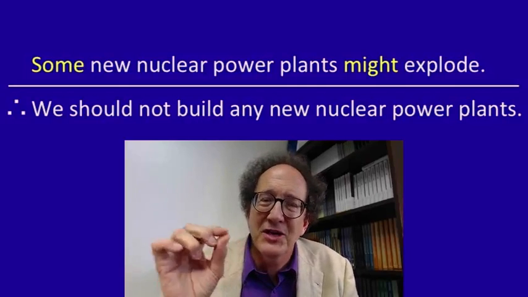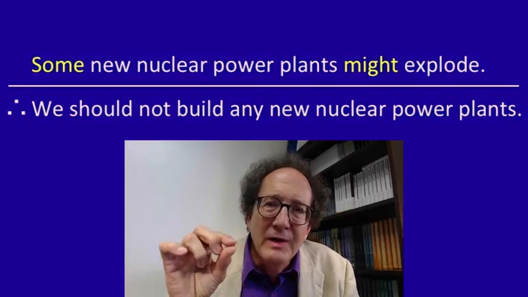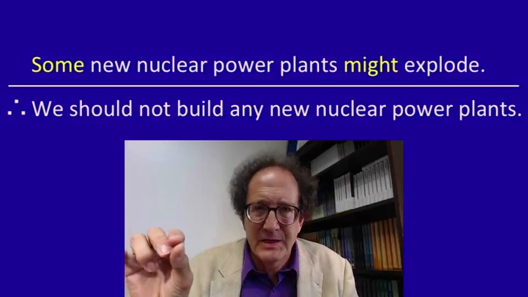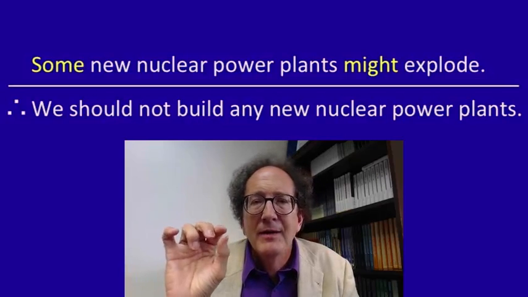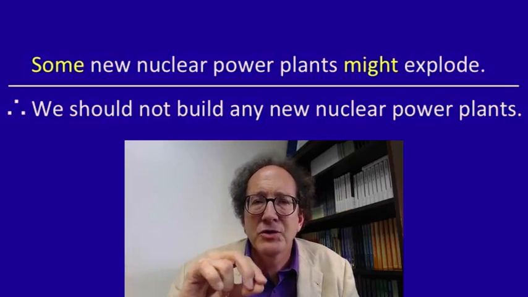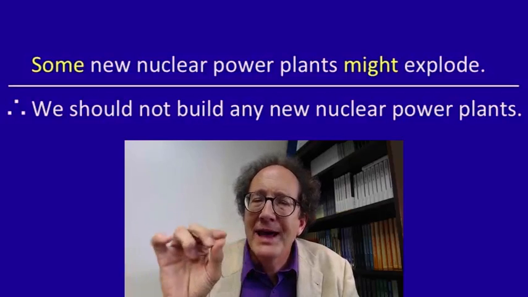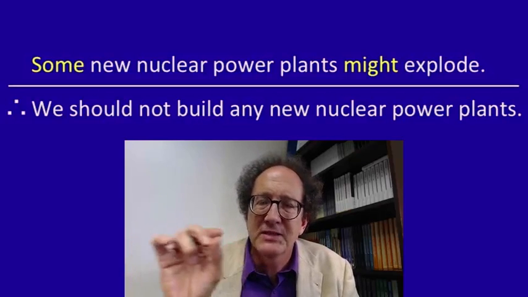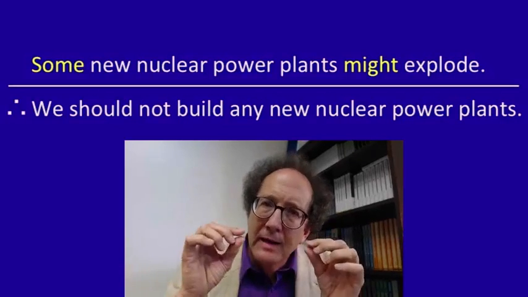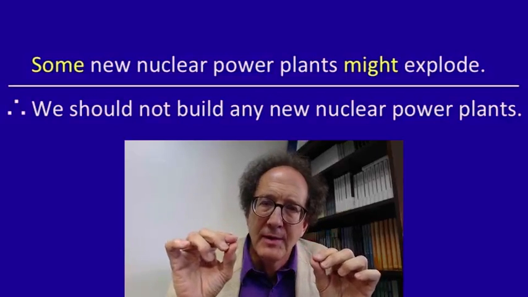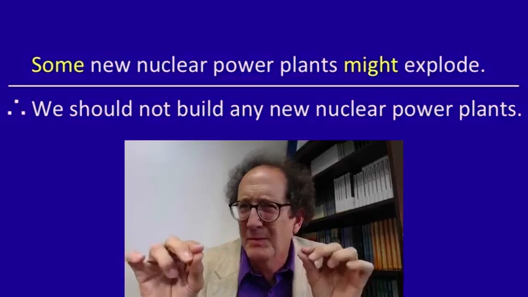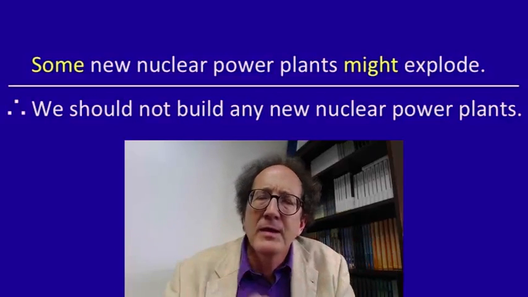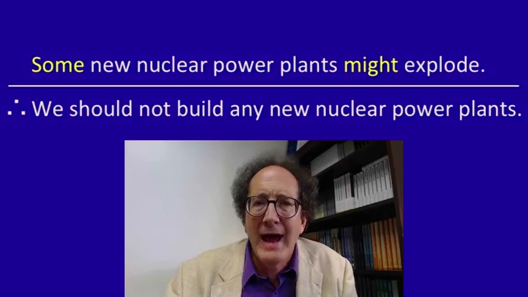So the issue is going to come down to, is the risk of them exploding, or some of them exploding, enough to justify the conclusion that we ought not to have them? And that's going to depend on exactly how much risk there is. By looking at the guarding term, the might term, and questioning it, saying, can we replace might with probably or something like that, we're going to have a better handle on how to assess the argument.